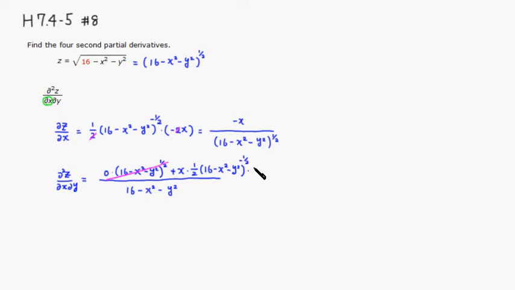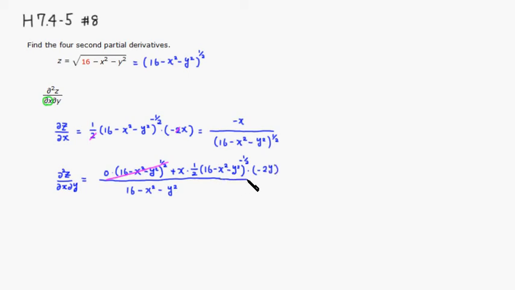Then multiply by the partial derivative of the inside function with respect to y. The partial derivative of 16 with respect to y is 0, since 16 is a constant. The partial derivative of negative x squared with respect to y is 0, since x is considered to be a constant. Then the partial derivative of negative y squared is negative 2y.